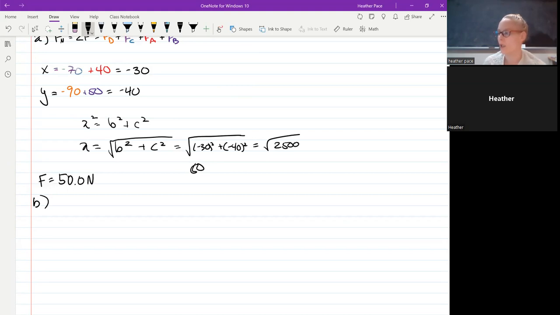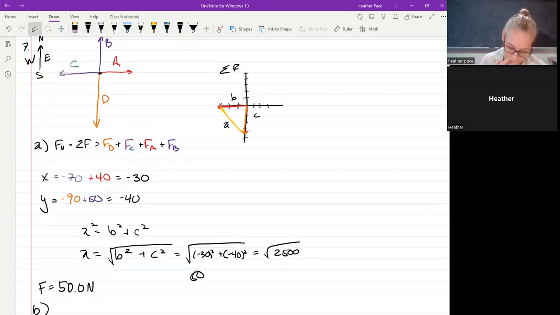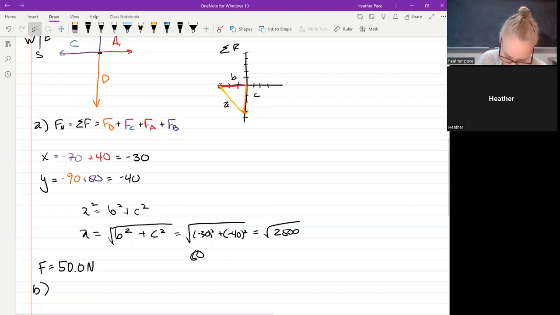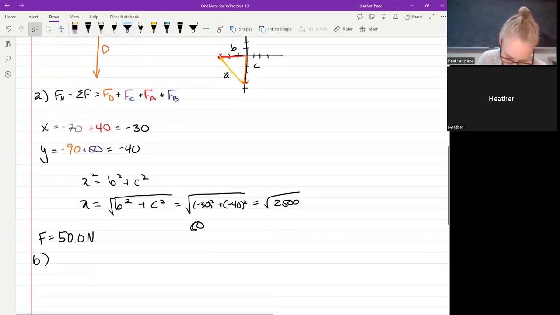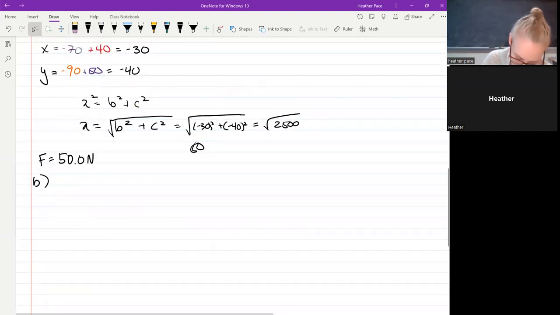So if we are to draw our triangle over here. We are down and down.